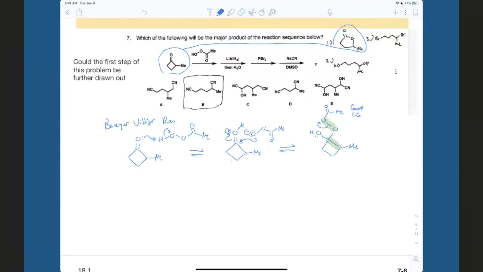The 1-2 shift will lead to formally a carbocation, but it's a carbocation next to this oxygen, so the electrons from the oxygen can just come down to stabilize the positive charge. Then you can have the acetate come back and grab the hydrogen.